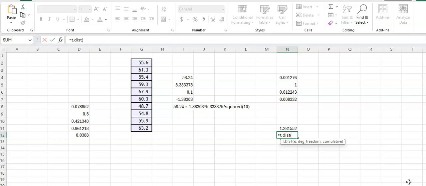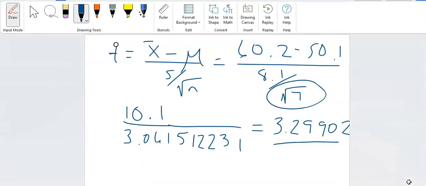I wrote out the intermediate steps just in case you needed them while you're putting things in your calculator, but here is our test statistic.